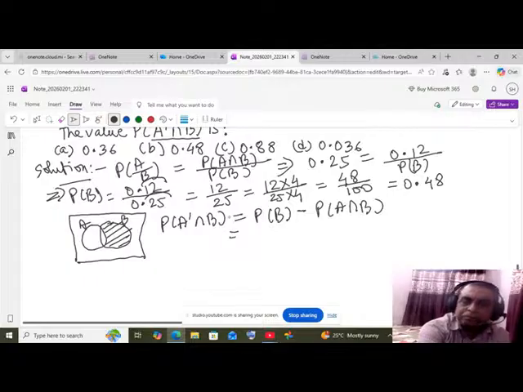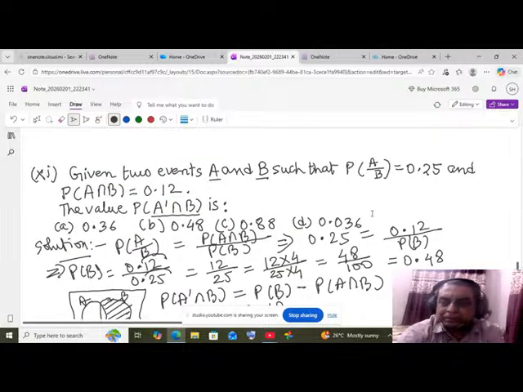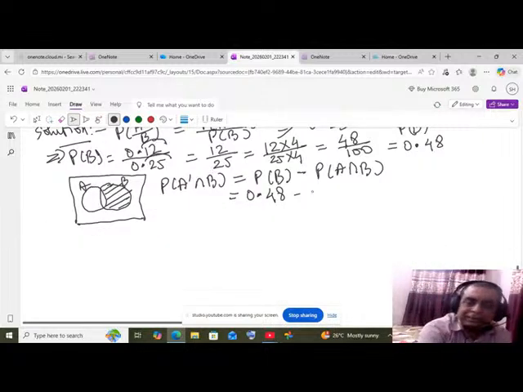The probability of B is 0.48, minus the probability of A intersection B, which is 0.12, given in the question.